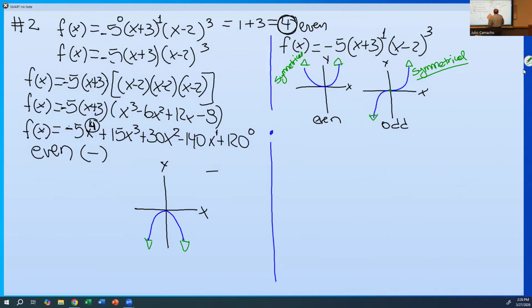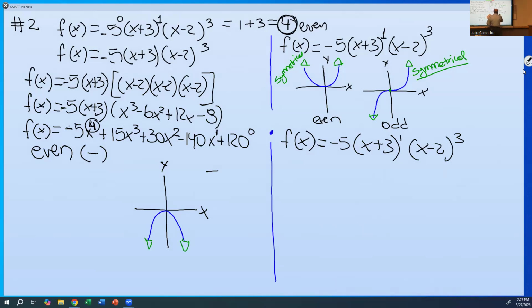So let's put the equation again and let's find the multiplicity, and according to the multiplicity, we need to find if they bounce or they touch. So the original equation is f of x is equal to -5 times (x plus 3) to the 1 power, that is odd, and (x minus 2) to the third power, that is odd.